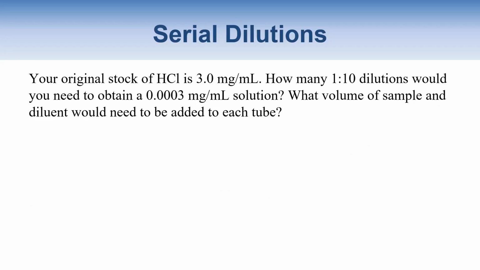So here's another example. Your original stock of HCl is 3 mg per ml. And now we're performing 1 in 10 dilutions.